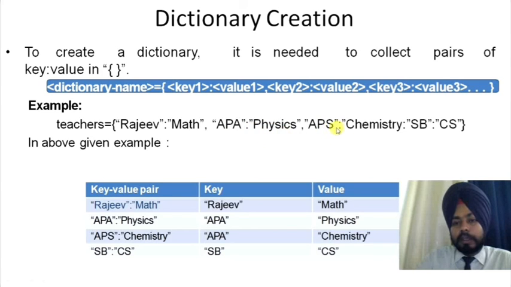Next one is APS, the value of APS is chemistry. SB, the value of SB is CS. In the above example, the pairs of keys and values are: Rajiv maths, APA physics, APS chemistry, SB CS. The keys are Rajiv, APA, APS, SB, and values are maths, physics, chemistry, and CS.